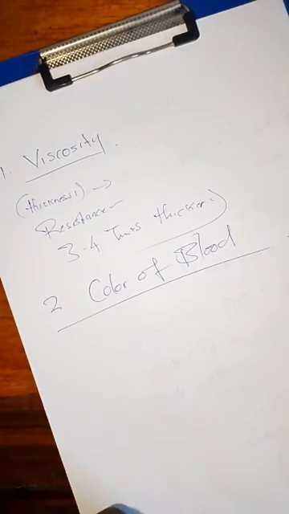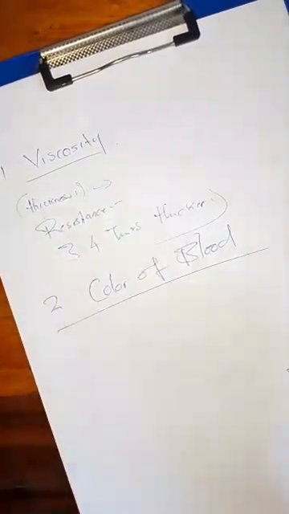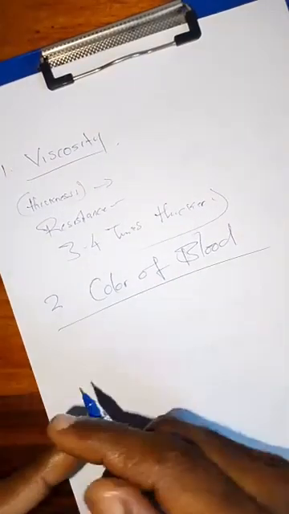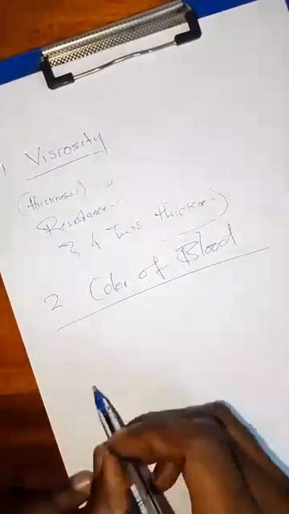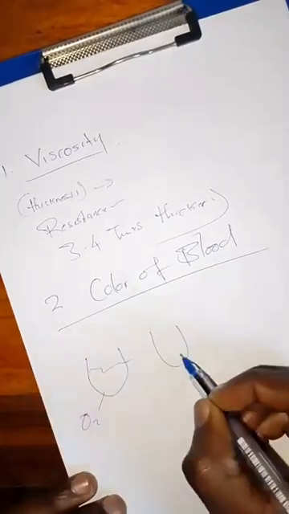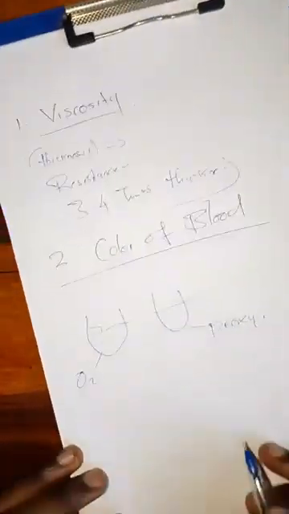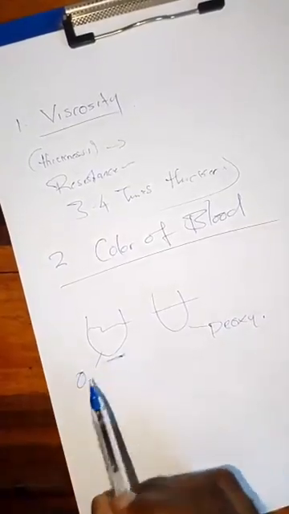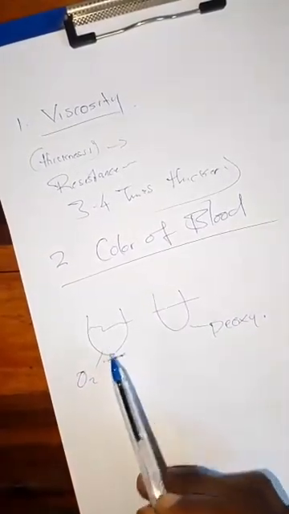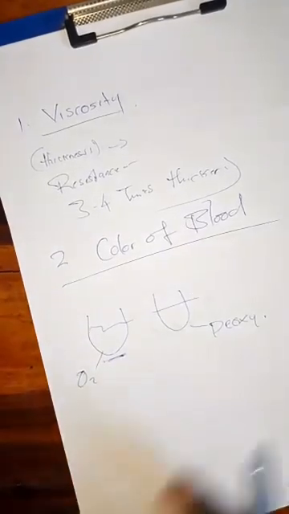The color of blood is determined by the amount of oxygen that is bound in the hemoglobin of that particular blood sample. So let's say if you get 2 samples, this one is oxygenated blood, and this one is deoxygenated blood. The color that the oxygenated blood presents is going to be a little bit different from this blood here.